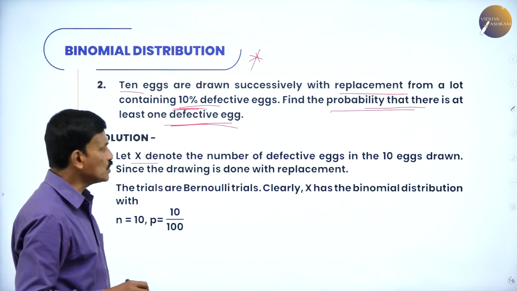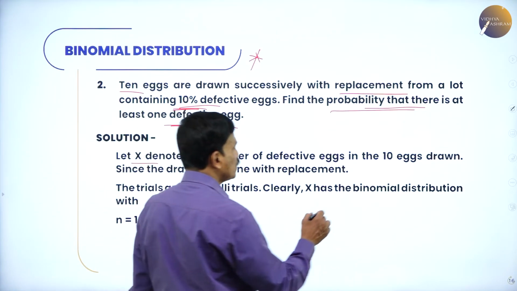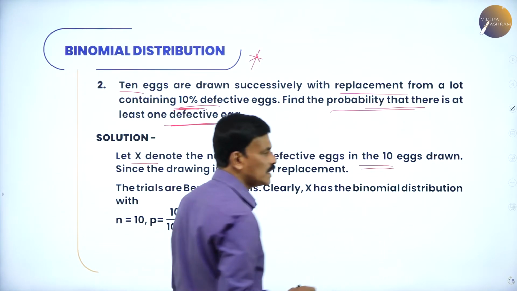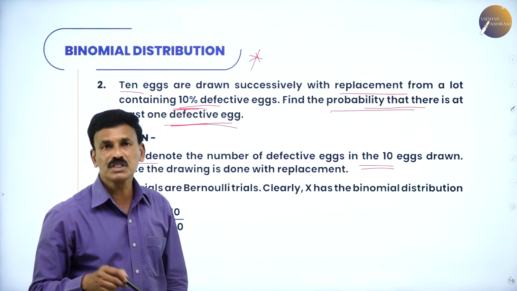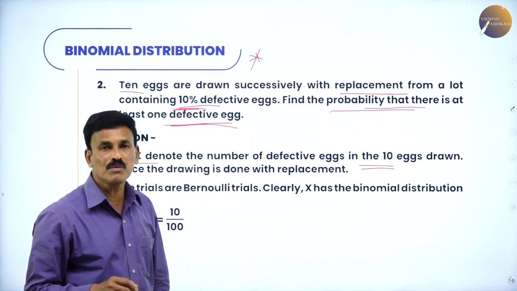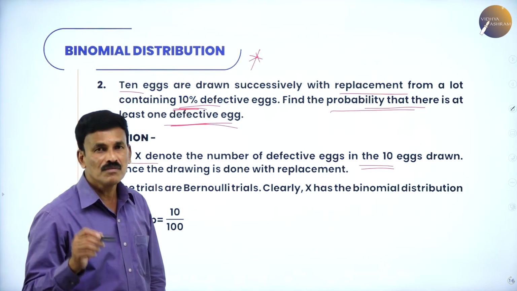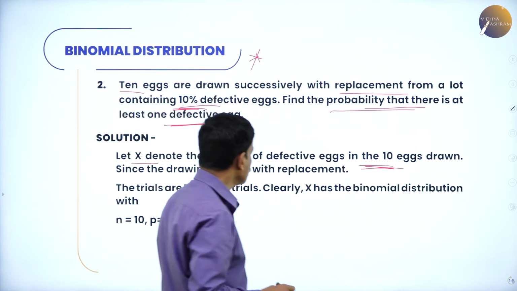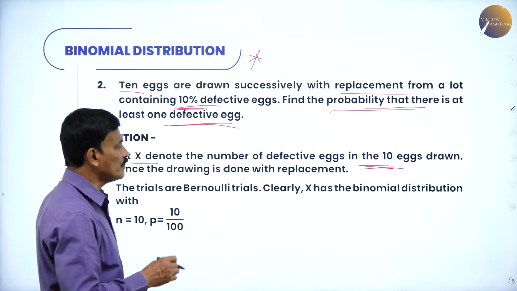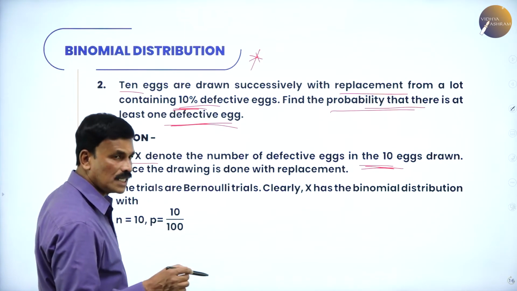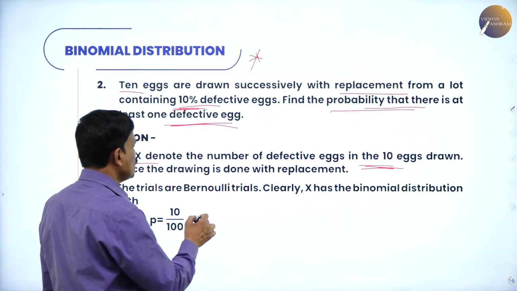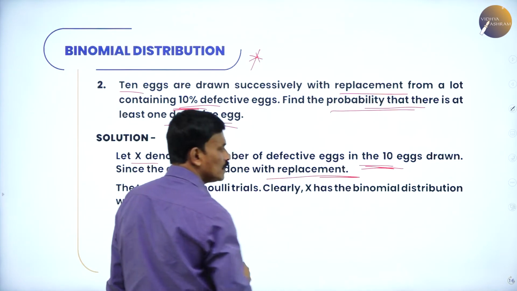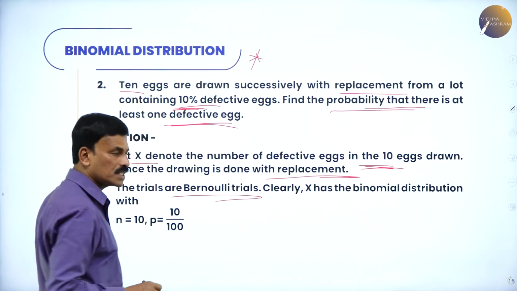Now let x denote the number of defective eggs in the 10 eggs drawn. Since the drawing is done with replacement, the trials are Bernoulli trials.